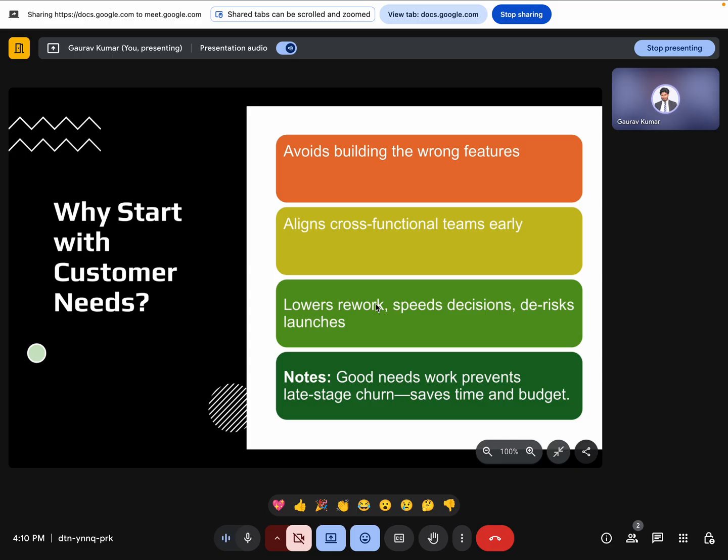When needs are explicit and shared, design, engineering, procurement, and compliance align early around the same outcomes, which dramatically reduces rework, shortens decision cycles, and de-risks launch.